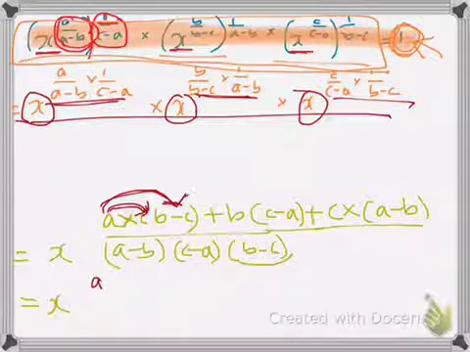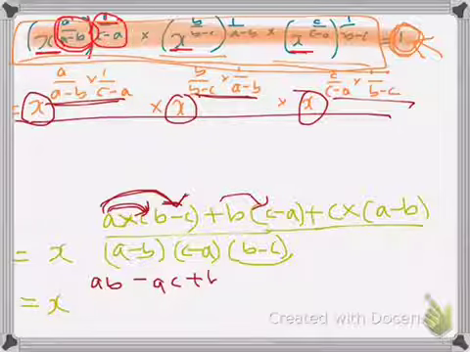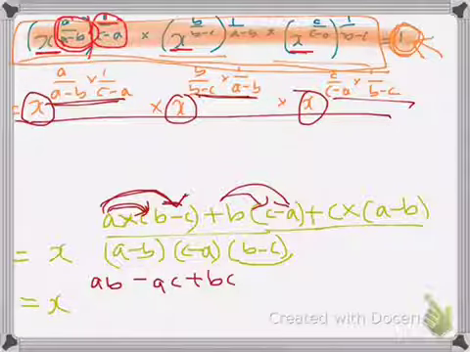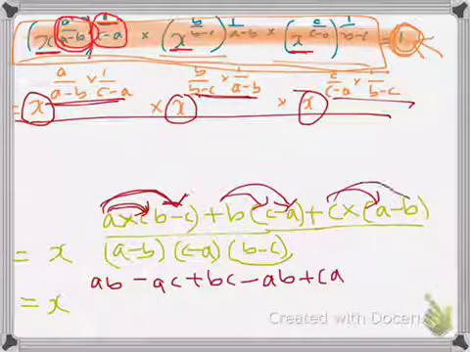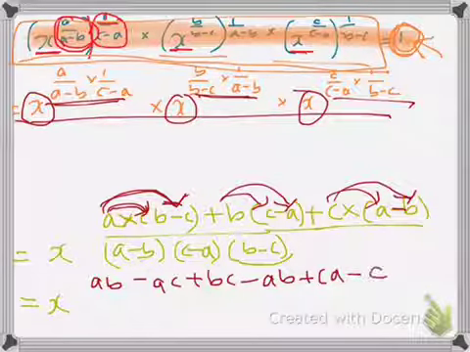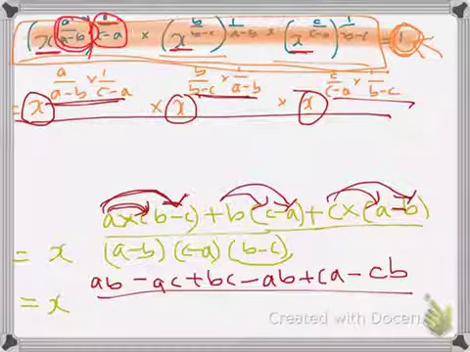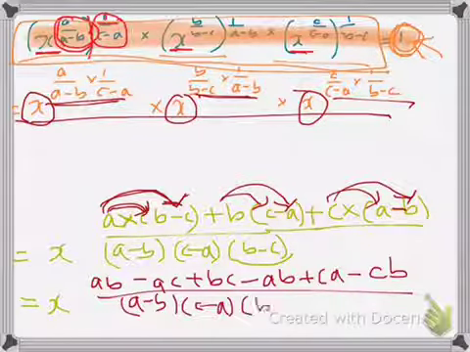So this gives a times b means ab, minus a times c gives ac, plus b times c means bc, plus minus minus b times a means ab, c times a multiplies to give ca, and c times b multiply to give, since positive and negative, we get negative cb, divided by a minus b, c minus a. It's the denominator part.